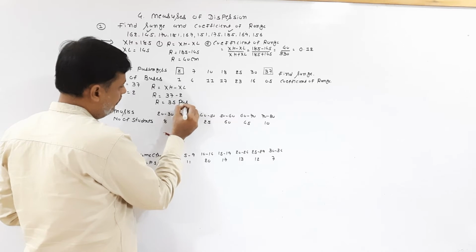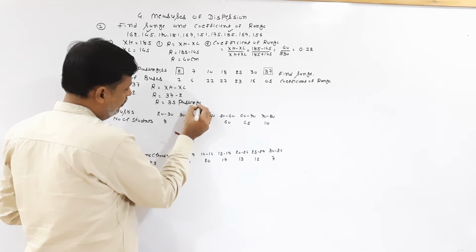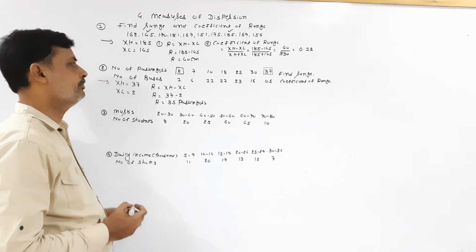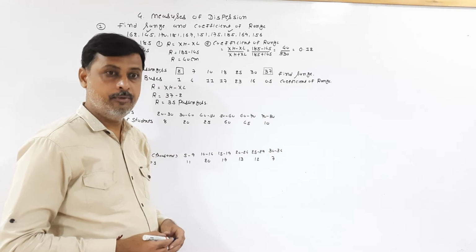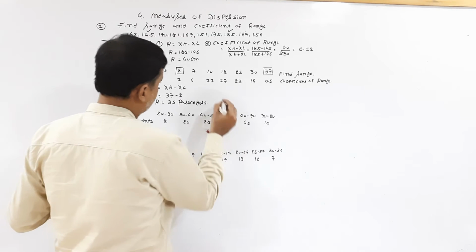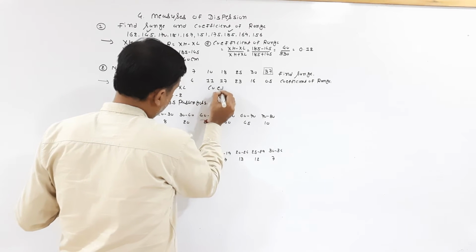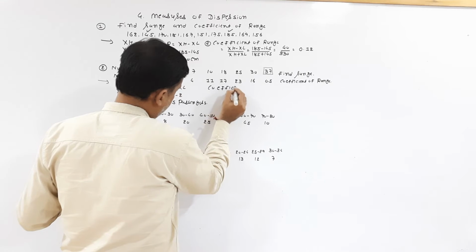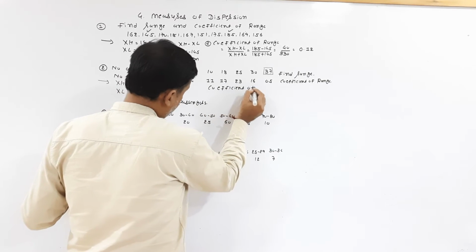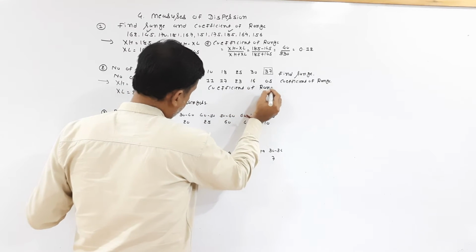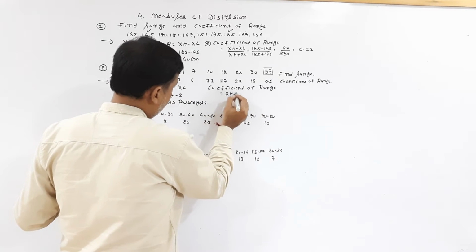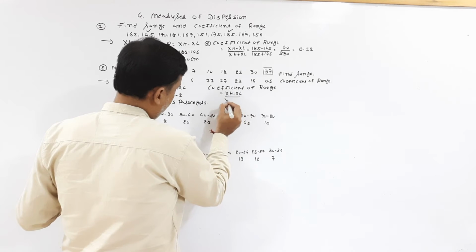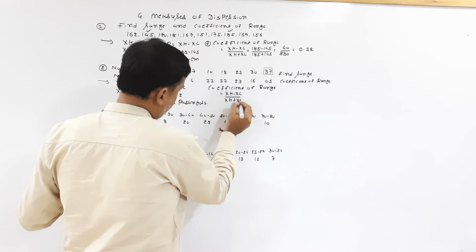So 35 passengers. Then we have to find coefficient of range. Means XH minus XL upon XH plus XL.